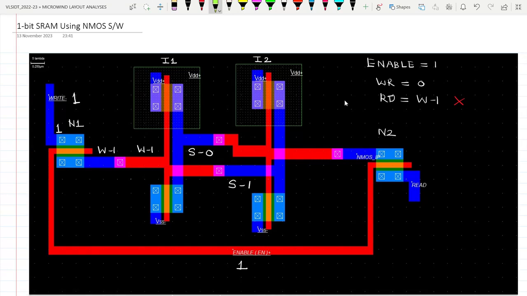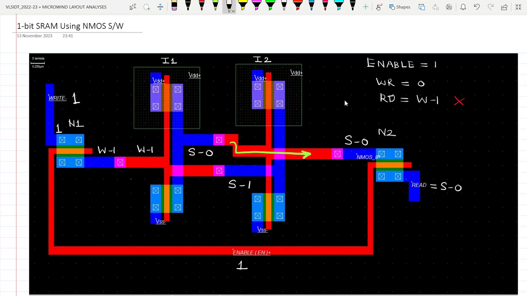Strong 0, the output of I1, is transmitted through this line to the NMOS device N2. So we have a strong 0 here, and because NMOS is good at transmitting zeros, we get read equal to strong 0.